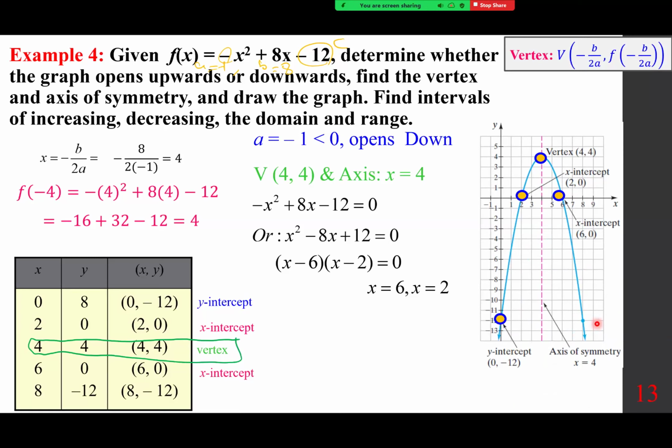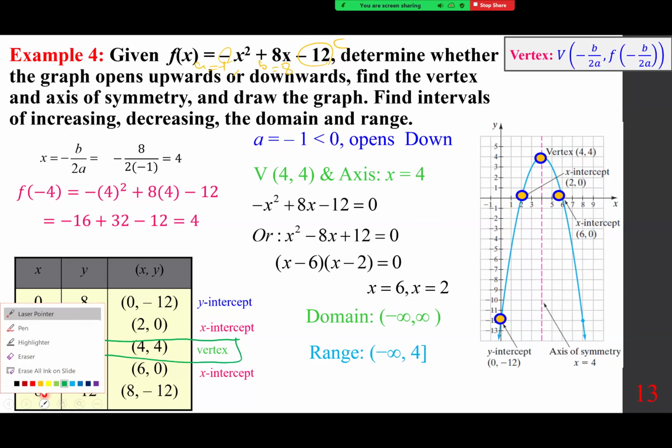Of course, the domain is all real numbers. The range goes from negative infinity to the y coordinate of the vertex: negative infinity to 4, and 4 is included. The function is decreasing here.